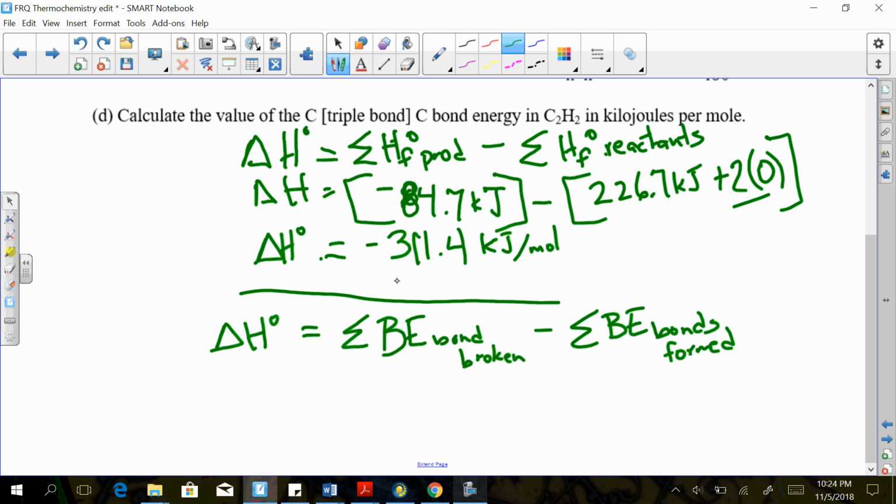So when I do that, I have negative 311.4 as my enthalpy of that reaction. I calculated that in the last step.